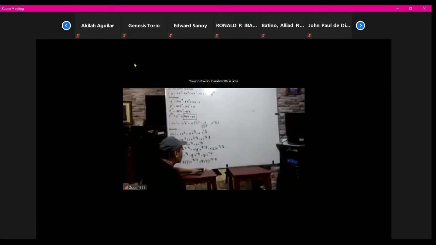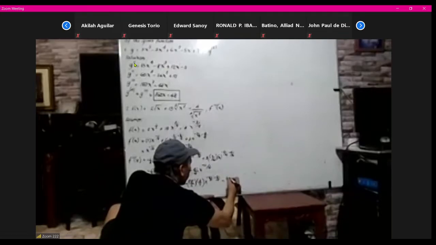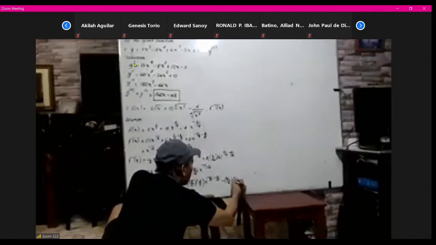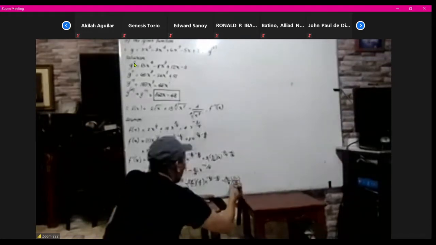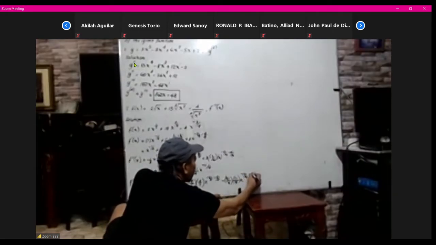Ayan. Then, sumunod. Ito, negative 21 over 4 times negative 11 over 4. Okay? Then times x raised to negative 11 over 4 minus 4 over 4. Okay?